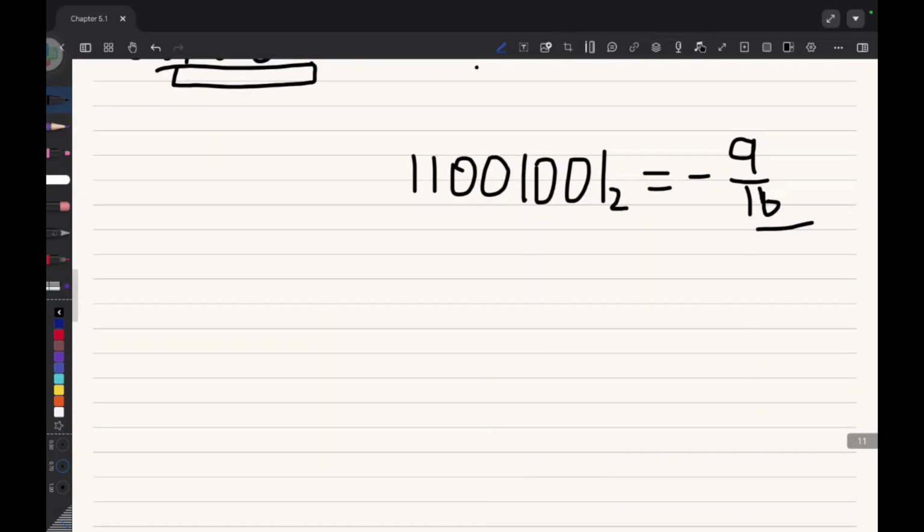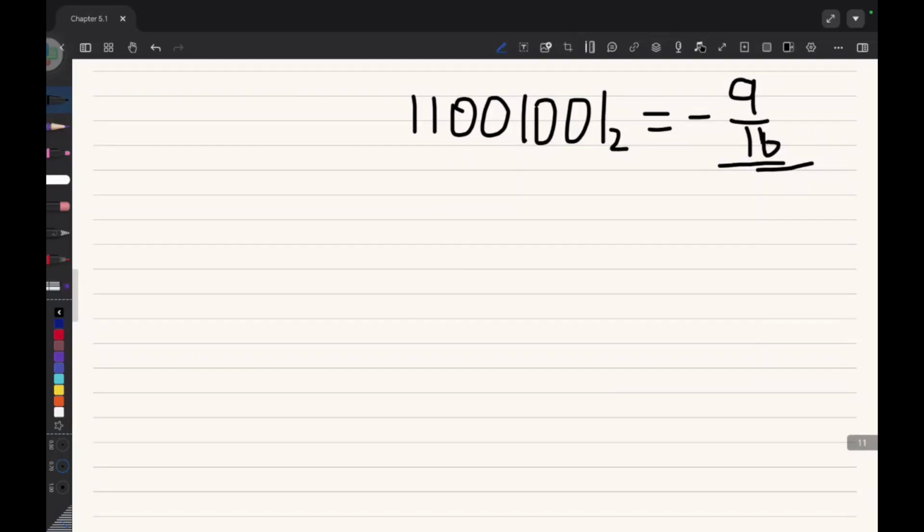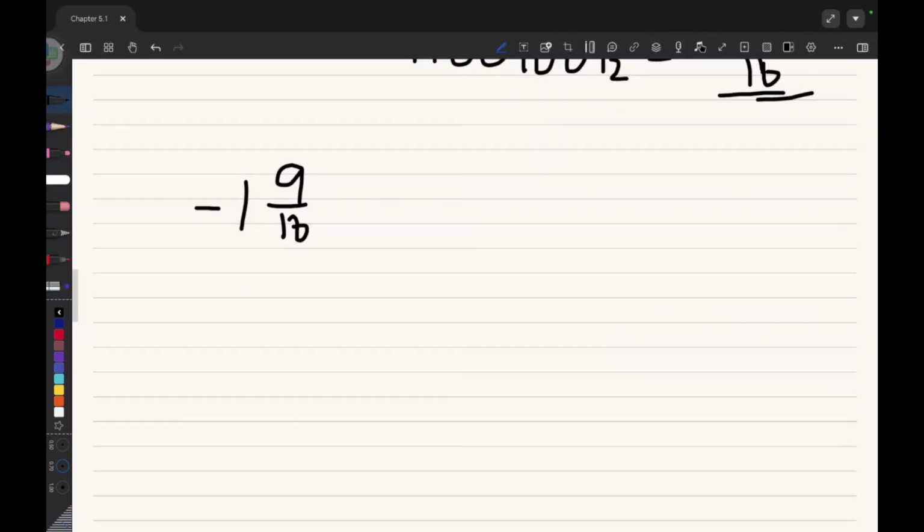Okay, now let's talk about lost bits. Let's take this number again, as it is, let's say we have a negative 9/16. A 1 in binary and in decimal is the same.